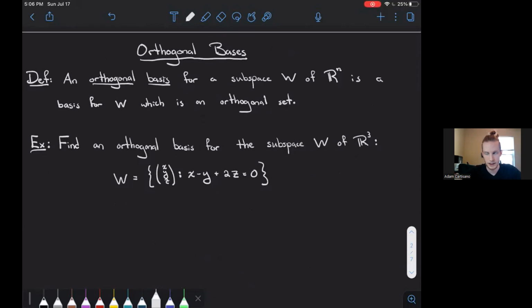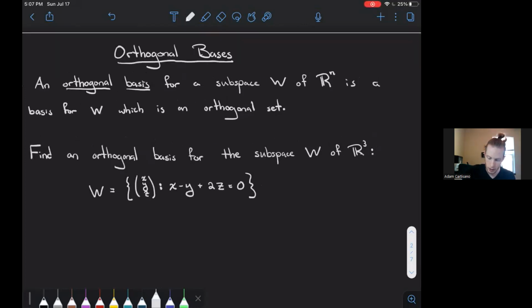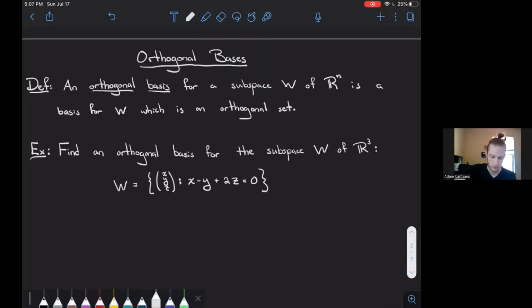Knowing that you have a linearly independent set, take its span, you create a subspace. So if you took the span of an orthogonal set to get a subspace, then you actually had a basis for that subspace. And so we actually give a definition for that. We just say that an orthogonal basis for a subspace W of Rn is a basis for W which is an orthogonal set.